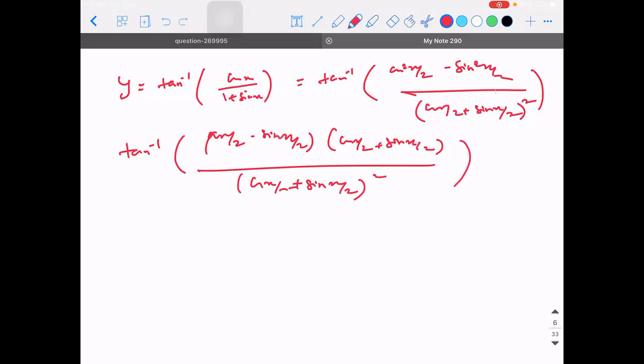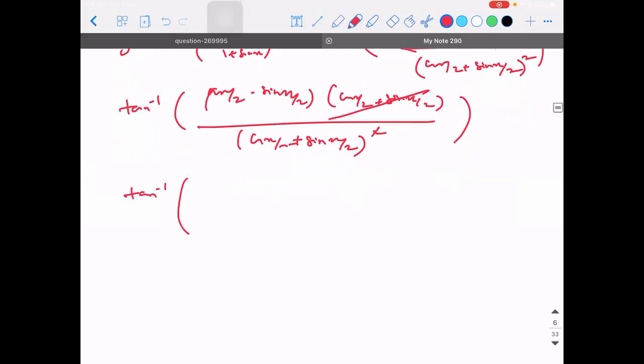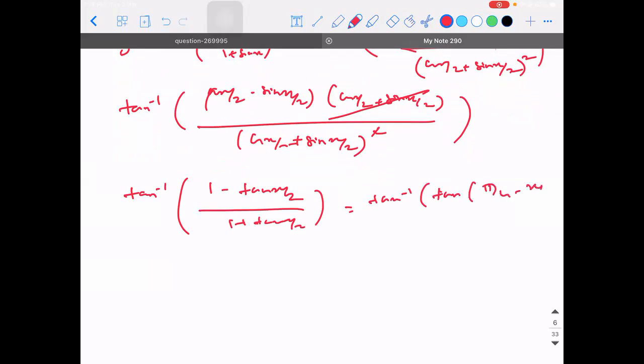This and this will get cancelled. What will you have? Tan inverse of 1 minus tan x by 2 by 1 plus tan x by 2, which is tan inverse of tan of pi by 4 minus x by 2. So you will get pi by 4 minus x by 2 as y. y dash will be minus half. So y dash is minus half.